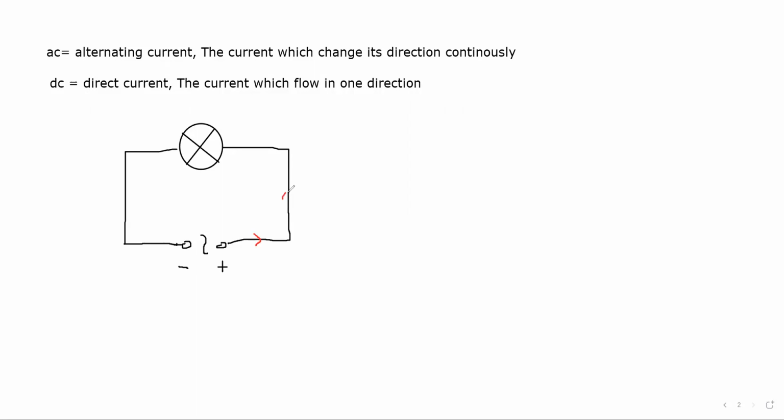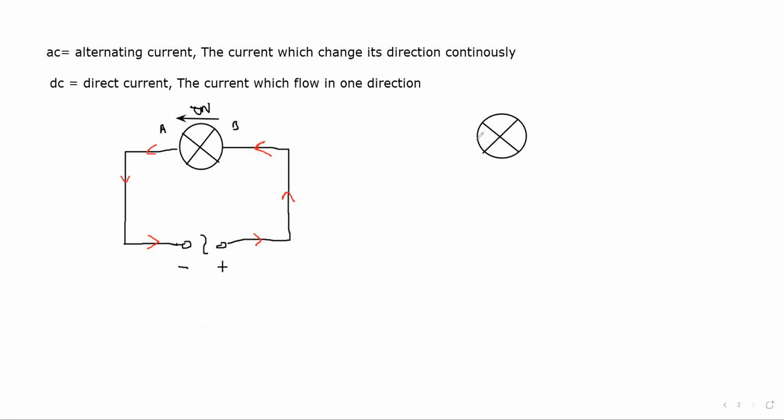The conventional current will move from positive to negative. Then because it's an AC supply, by itself the direction of the current will change. The same circuit I'm drawing again to show how it works. Here the lamp will be on and the direction of the current, if I say this is A and B, is from B to A.